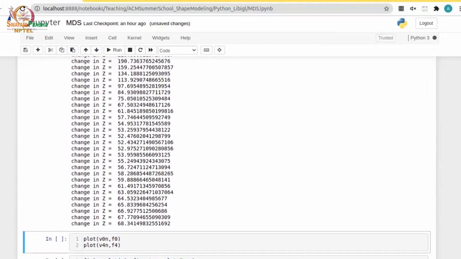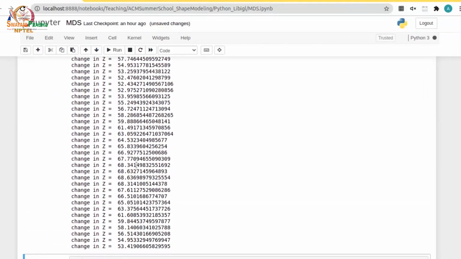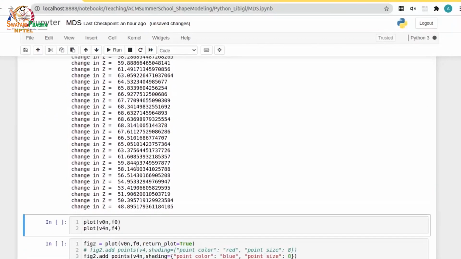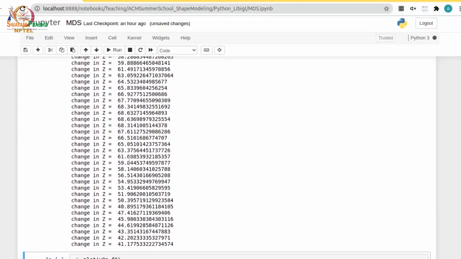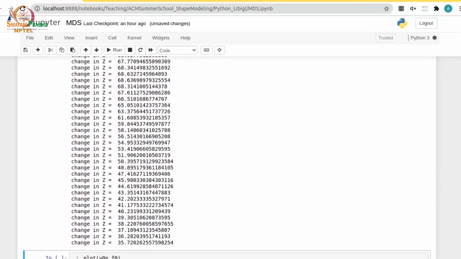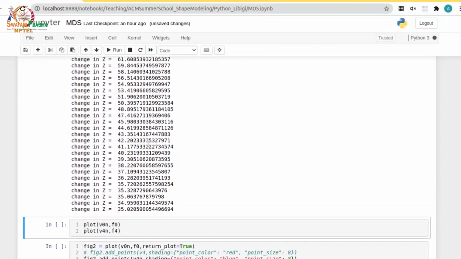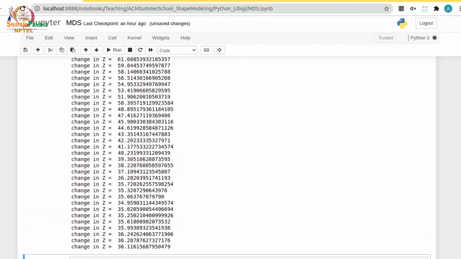While we wait for this to converge, if you have any questions, please feel free to ask. This can take, I think, somewhere around 3 to 5 minutes. Again, this is not the cost function value.